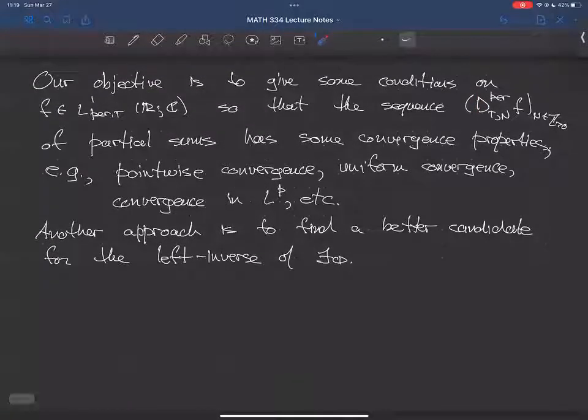That shouldn't shock us given our discussion of approximate identities and the fact that the Fejér kernel did give us an approximate identity. But there are also reasons why you want to work exactly with this sequence of partial sums and not this one. So there are all kinds of things playing out here that we want to probe into a little bit. Given all of that discussion, what we'll do next time is start talking about pointwise convergence of that sequence of partial sums. All right, so that's where we'll start next time.